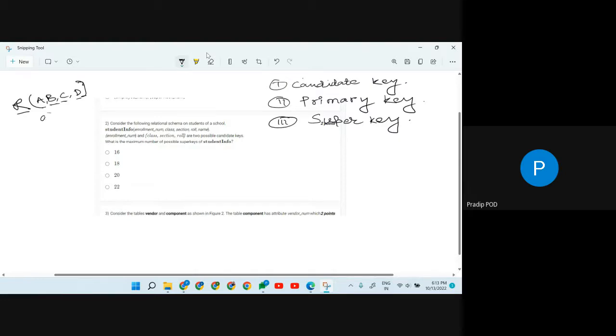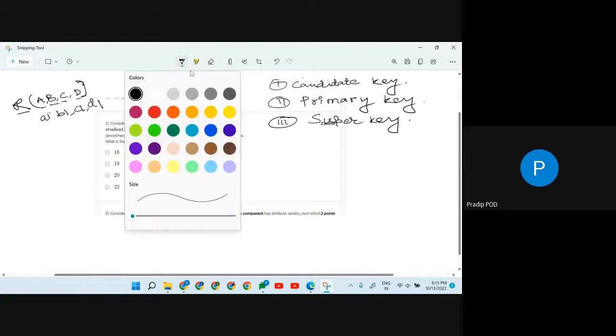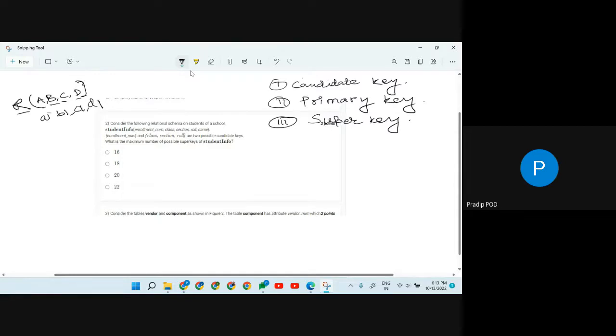Let me take the values. Suppose this is A1, B1, C1, and D1, and this is A2, B2, C2, D2, and this is A3, B3, C3, and D3.